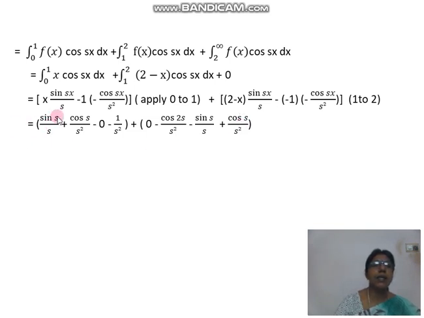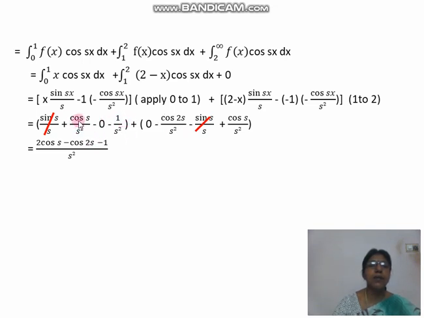Now you observe here, sin s by s is positive, minus sin s by s is negative. Next, what are the remaining values? Cos s by s square, which means 2 cos s by s square. Next, here cos 2s by s square with minus 1 by s square.